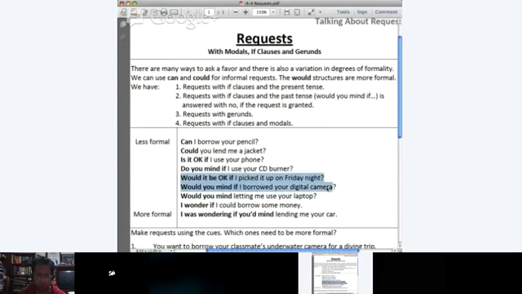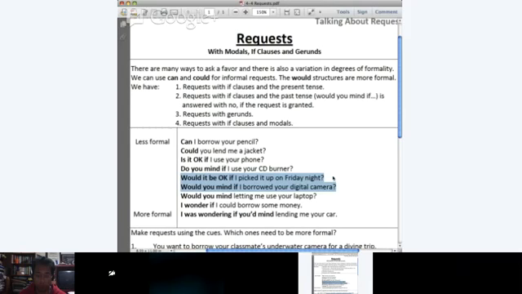And you notice that these two requests are different because for the first one, if the person says yes, then it means yes, you can have it. The second one, would you mind if, actually the positive answer there is no. If the person says, no, I wouldn't mind if you borrowed my digital camera, that means yes, you can borrow my digital camera.